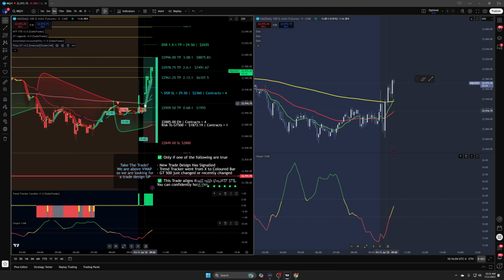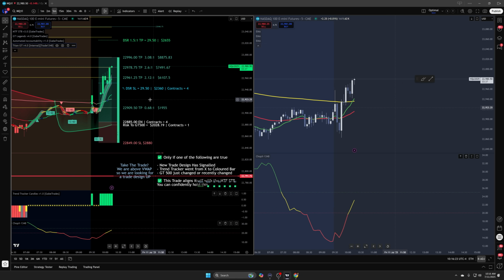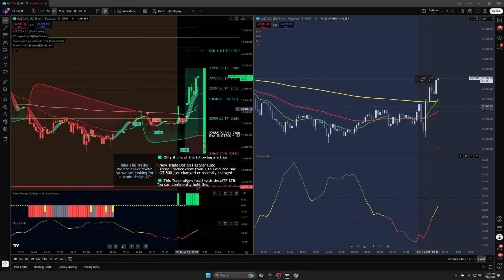So if I risked $3,000 and entered here, I would be up $7,500 up here. Now we get a late entry here, but I would still be up an additional $3,000 plus, if we had the late entry, per the candle revealing itself.